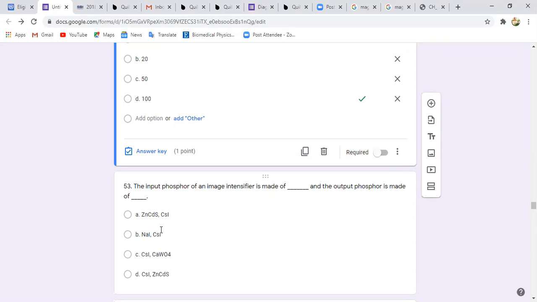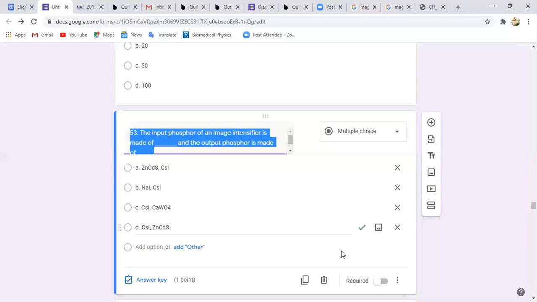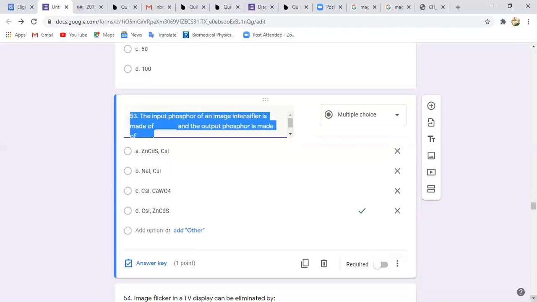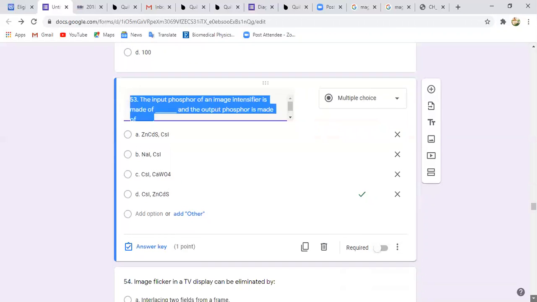In those days, we just called it zinc cadmium sulfide, doped with either one element or so. I'm forgetting the name of the element used for doping it.